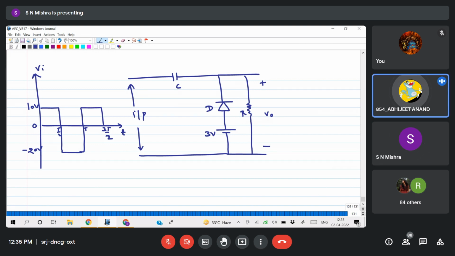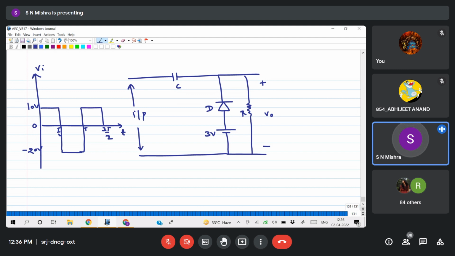Sir, for negative, VC is 13. And for positive, V0 is 23. And how much peak to peak are you getting? Sir, V0 for negative is 3 volt. No, peak to peak. Input peak to peak, how much? You see here, what is the peak to peak value here? 30 volt. So the output peak to peak must be 30. Are you getting 30 volt?